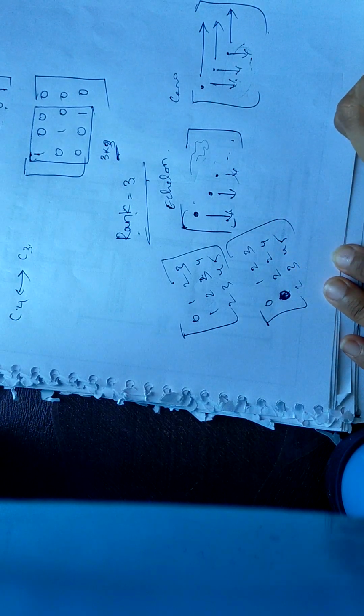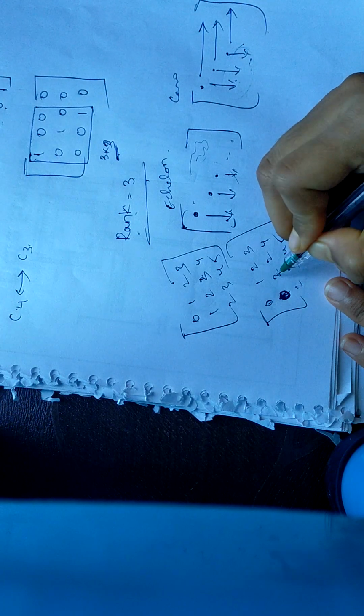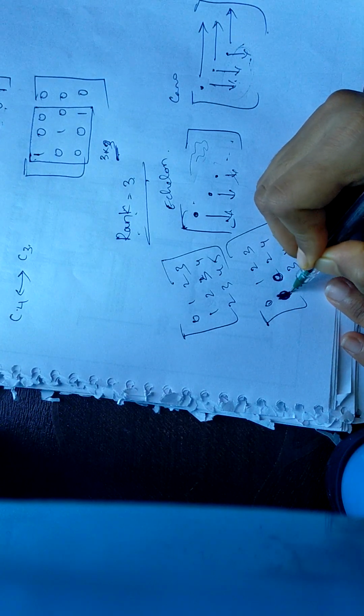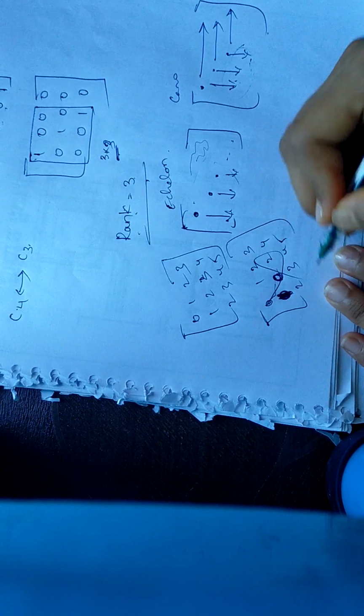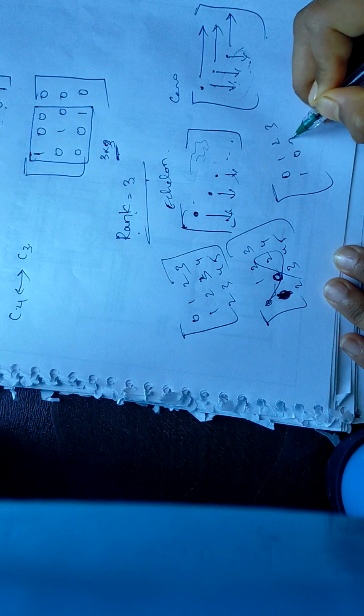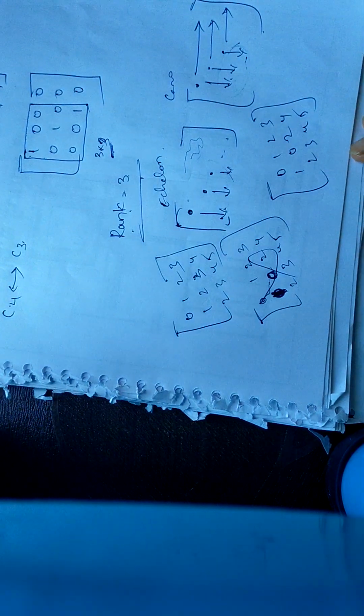Now you made zeros. Here let's make this as 0 and this as 1. You'll understand why. Take this matrix again: 0 1 2 3, 1 0 2 4, 2 3 4 5. You have got this matrix after doing some row or column transformations.